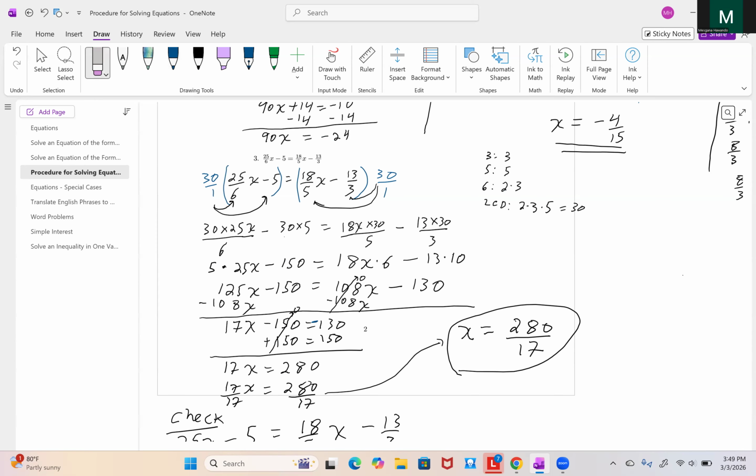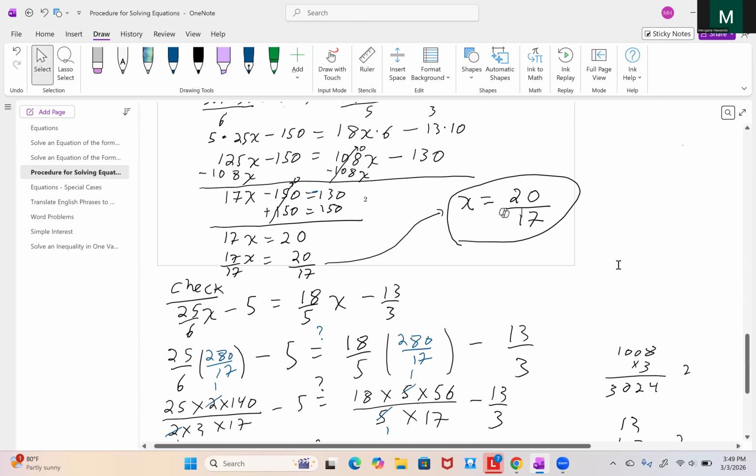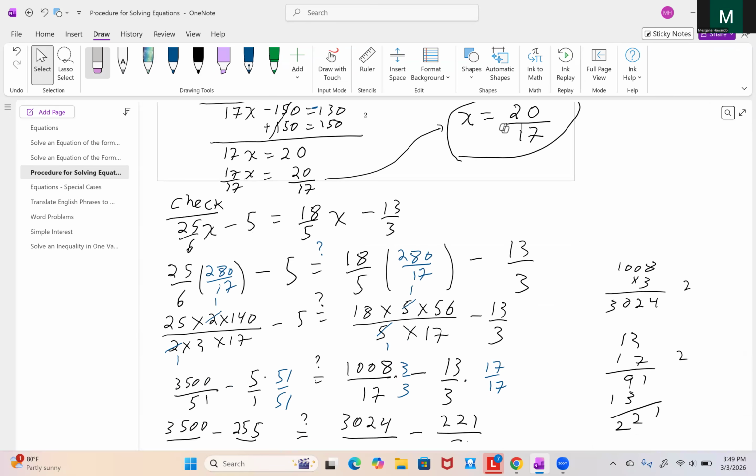So change this to 20 and divide by 17. Dividing both sides by 17, we get 20 over 17. So x is 20 over 17, not 280. Now that is what we're going to check. Okay, so that's what it means when you make a mistake, to go back and check.